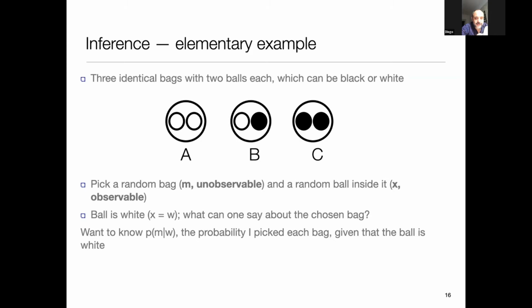In this case, X, the data, is the color of the ball, and M, the unknown parameter, is the label of the bag.